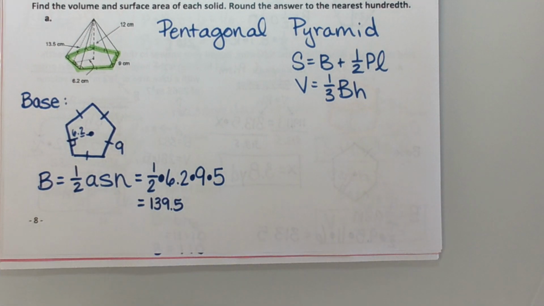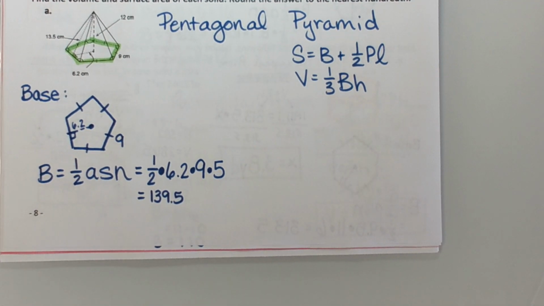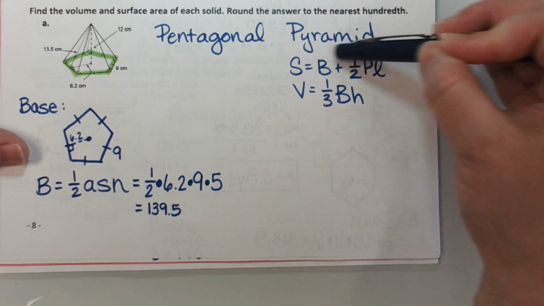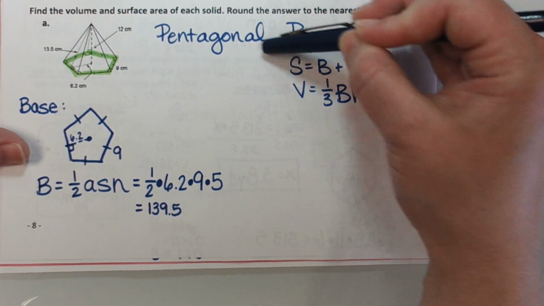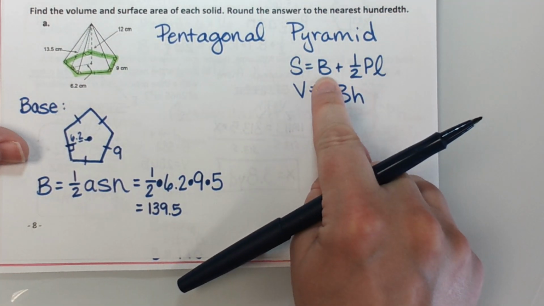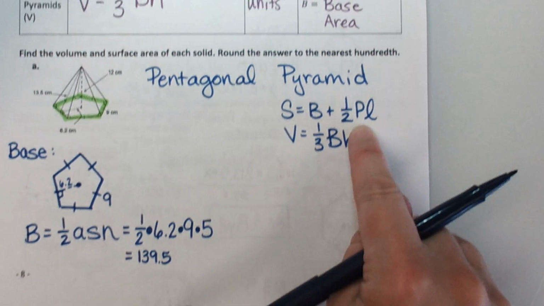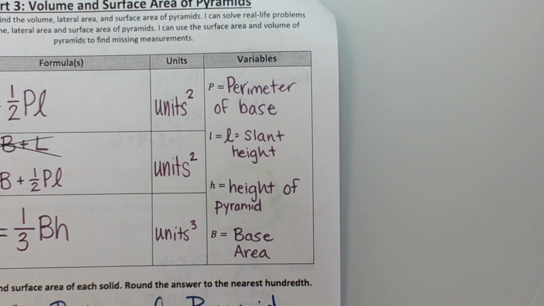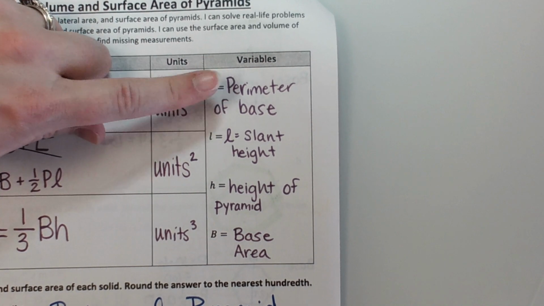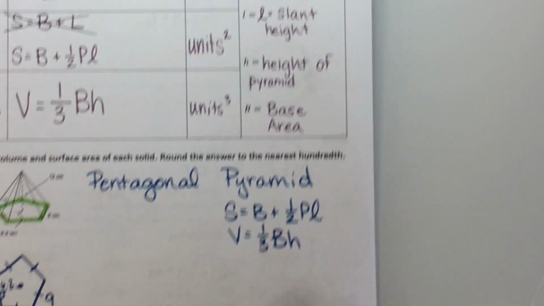Is that the only thing I need from the base? Look at these formulas. Are any of these things also about the base? Found that. Is P about the base? Yeah, of base.